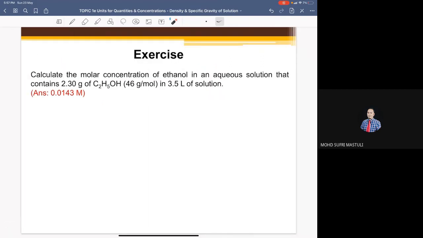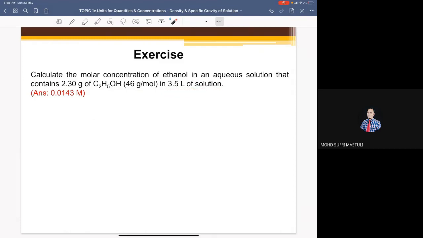Calculate the molar concentration of ethanol in an aqueous solution that contains 2.3 gram of ethanol with the given molar mass and 3.5 liter of solution.